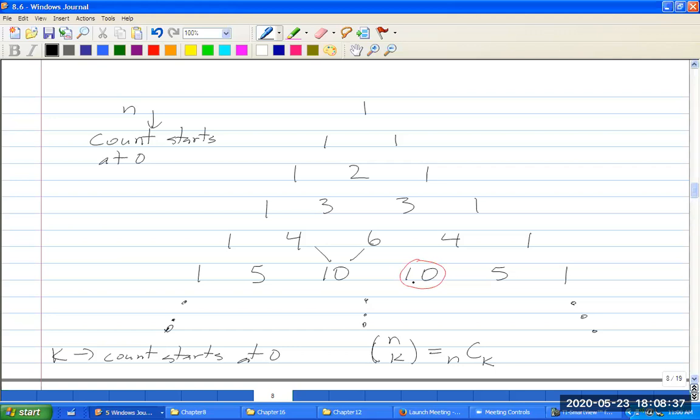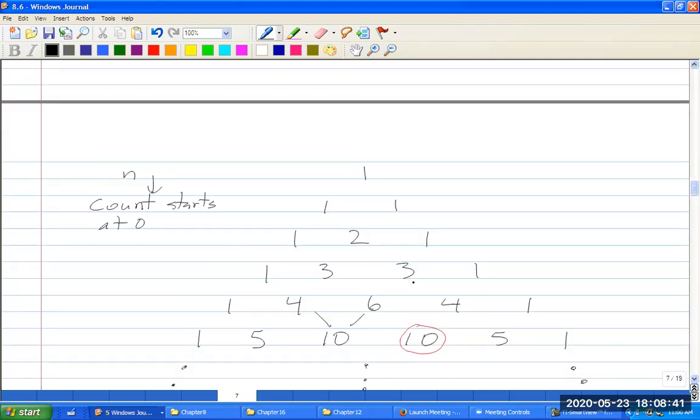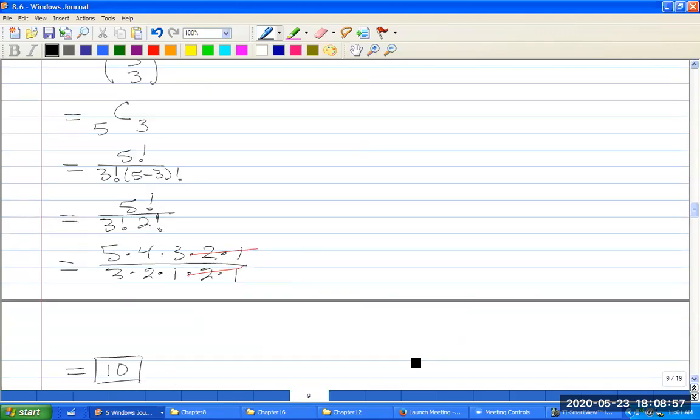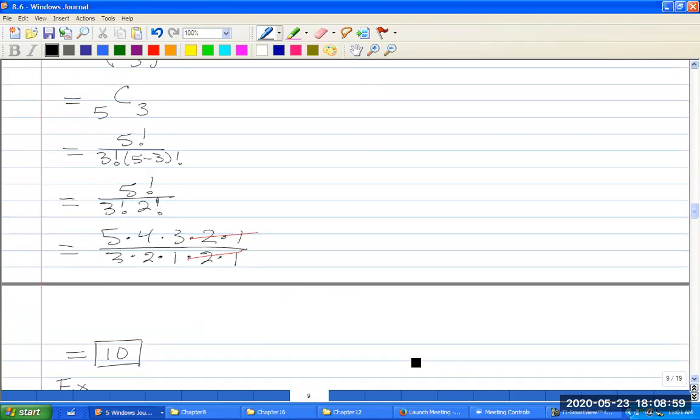So, example, 5C3. So you go 0, 1, 2, 3, 4, 5, C3, 0, 1, 2, 3. This number, 10, there it is, 5C3.